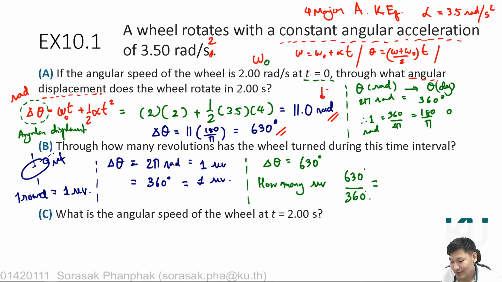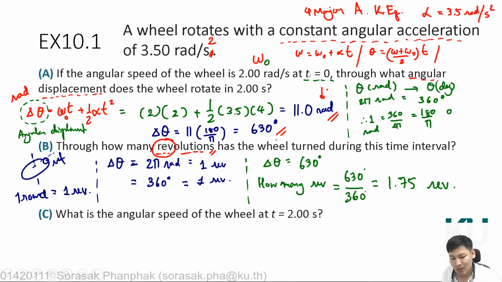After you do the division, you will find the solution for the revolution here is around 1.75 rev. So rev represents the revolution here, how many rounds this object revolved due to this constant angular acceleration motion of the wheel.